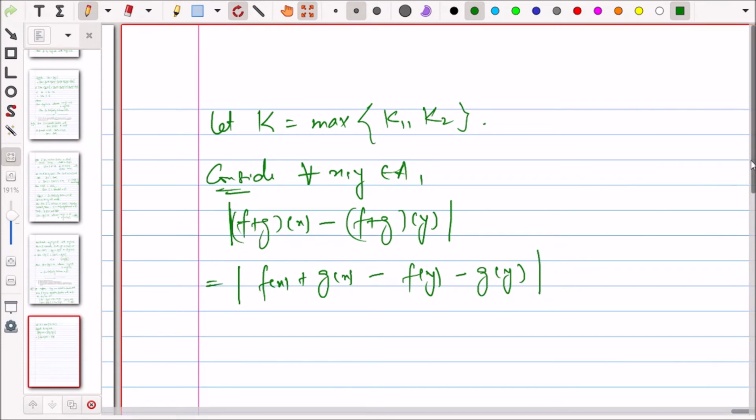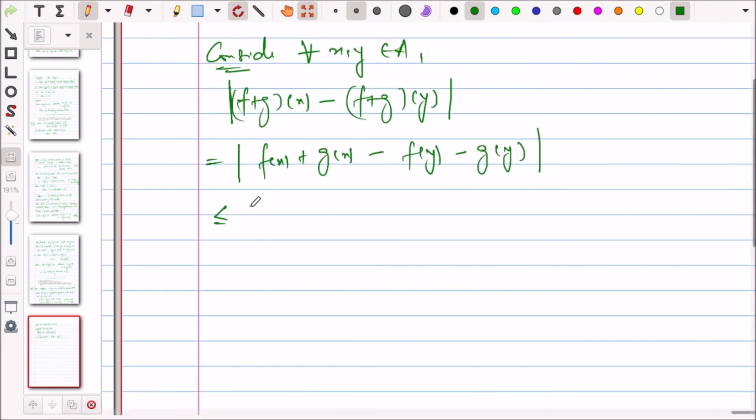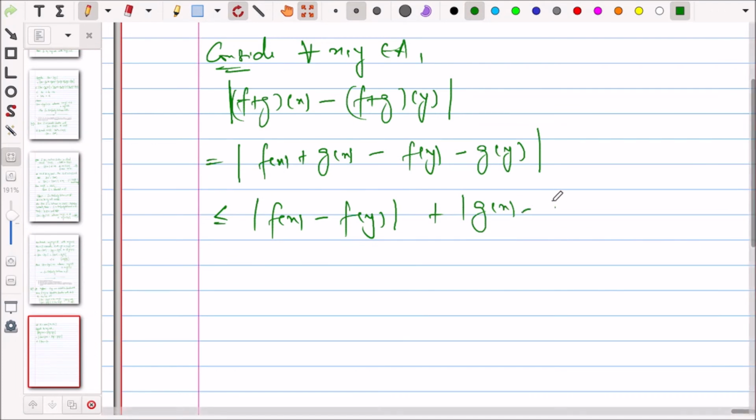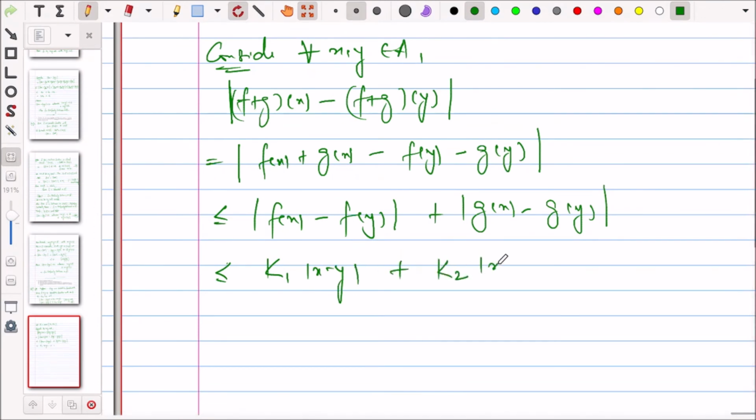Now club and use the triangle inequality, we will get |f(x) minus f(y)| plus |g(x) minus g(y)|. This is less than or equal to k1 times |x minus y| plus k2 times |x minus y|.